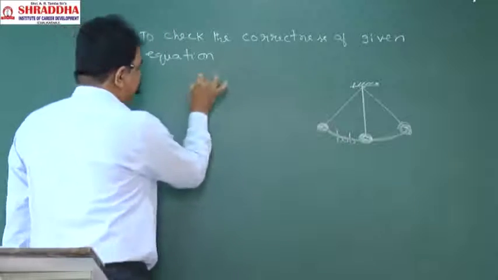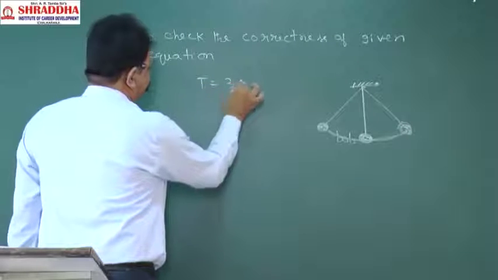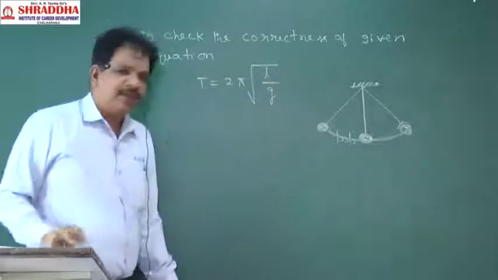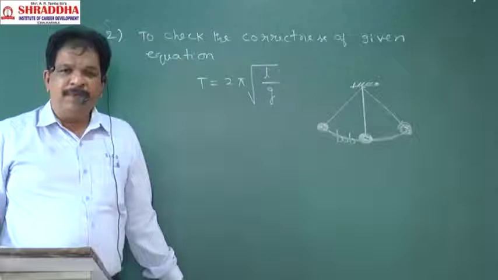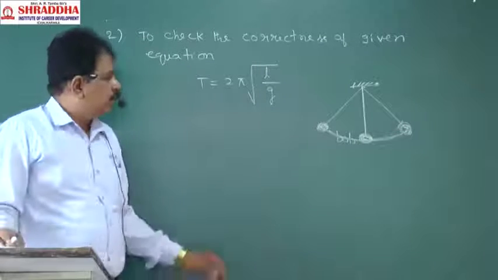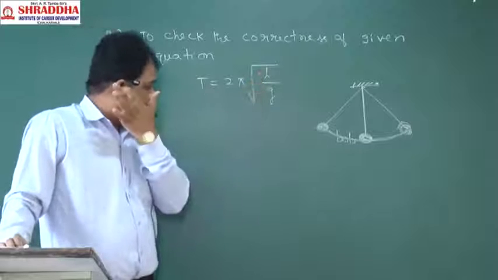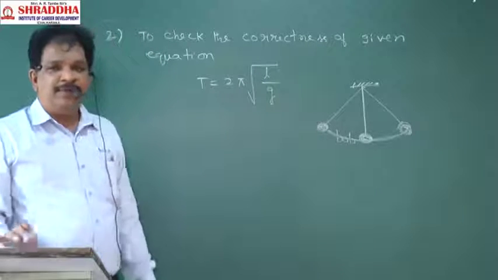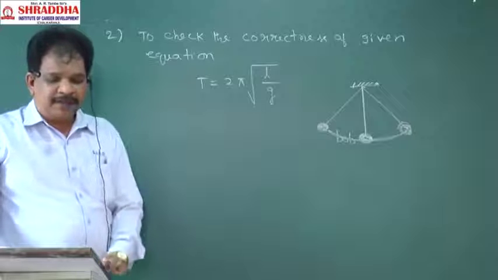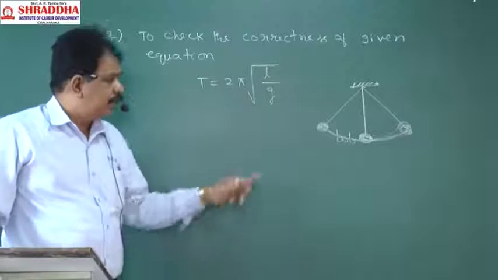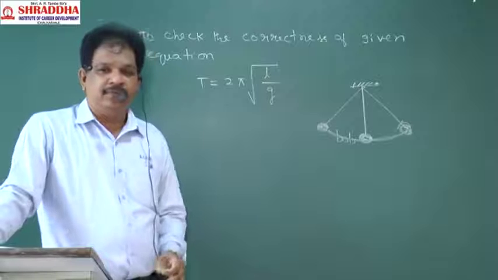Then one equation is given. For example, the time period of a simple pendulum is 2 pi root L by g. Whether this equation is correct or not, you don't know, because up to now it has not come to you.